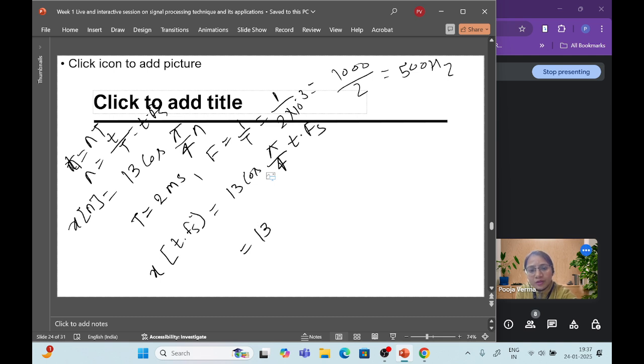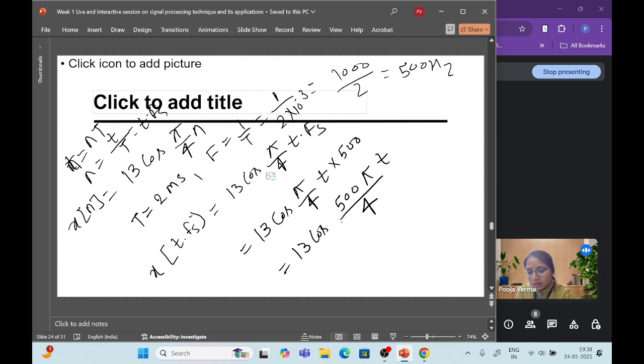So here we have 13 cos pi by 4 into T into Fs. Fs means 500 hertz. Again we need to rearrange this: 500 pi T divided by 4.